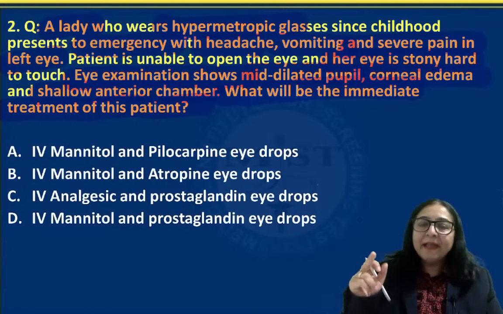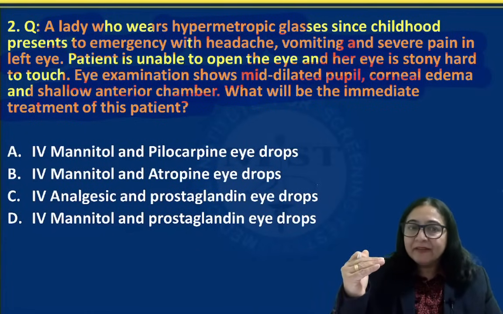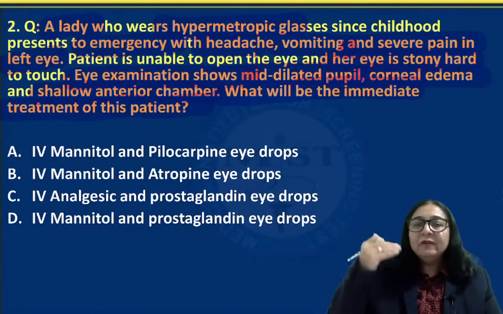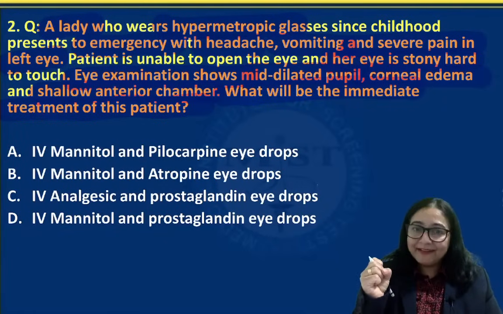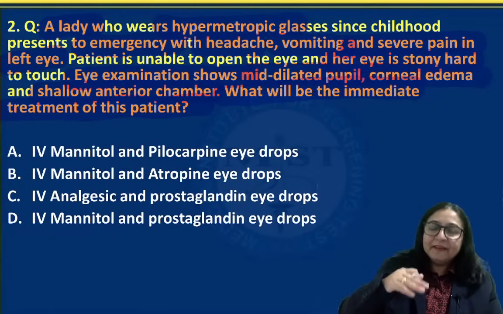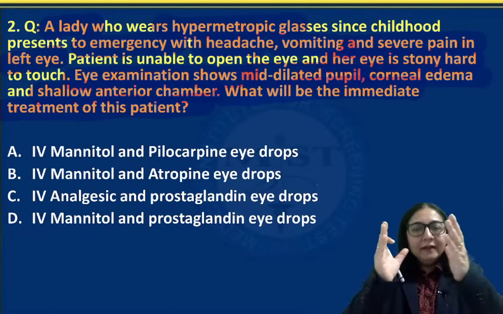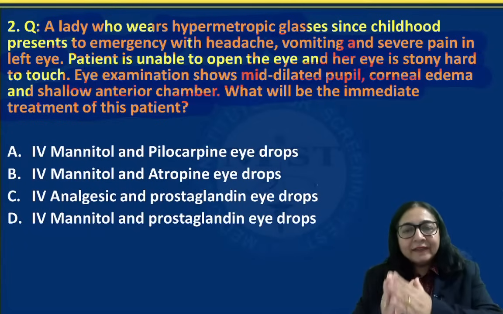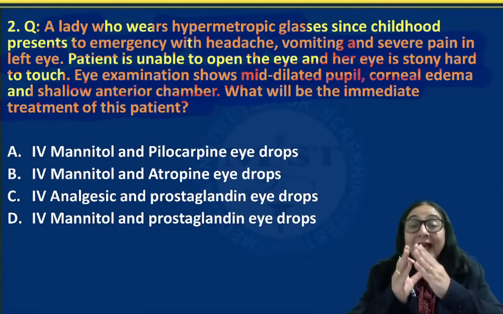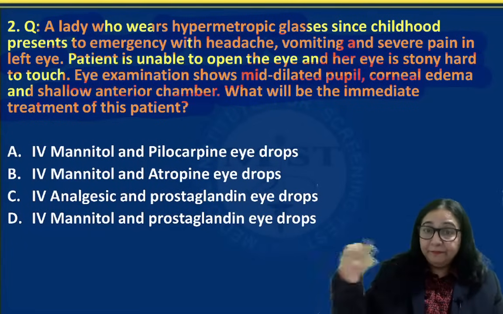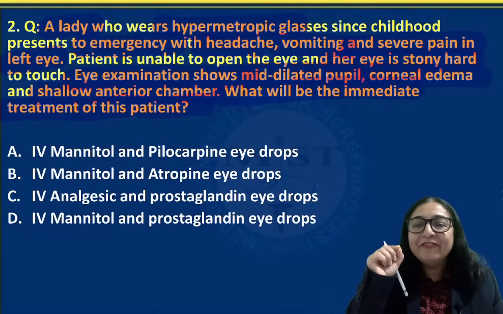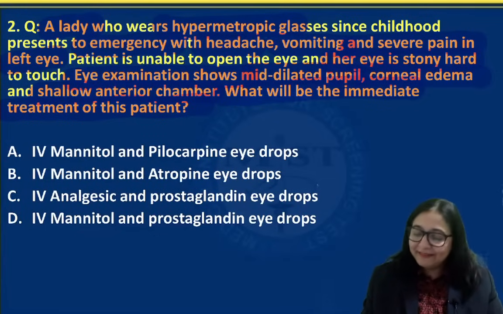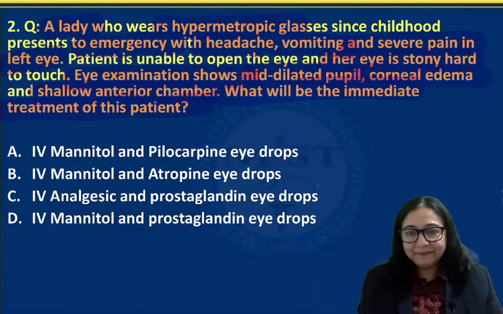So you will first give intravenous mannitol, and then you will start intensive pilocarpine eye drops so that the pupil becomes smaller in size, the attack is reversed, and then later on you may need to add other anti-glaucoma drugs. And as a definitive measure later on, you will do peripheral iridectomy to prevent future attacks.